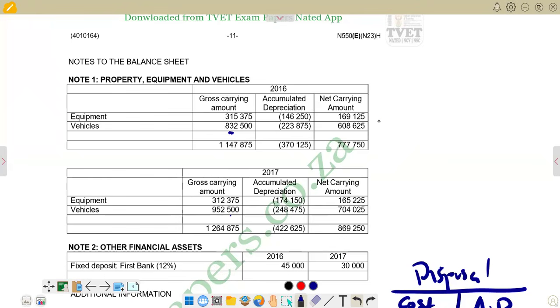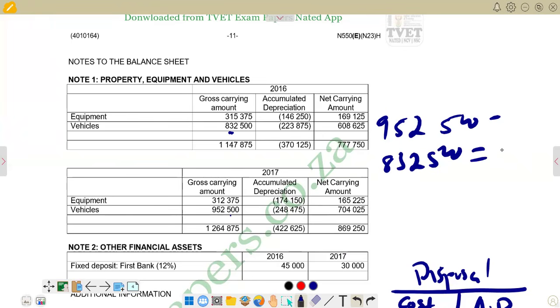So basically, we are saying 952,500, and then you subtract your 832,500. When you calculate it, you're going to get 120,000. And this is a purchase, which means cash is moving out of the business, so I'll show it as a negative.